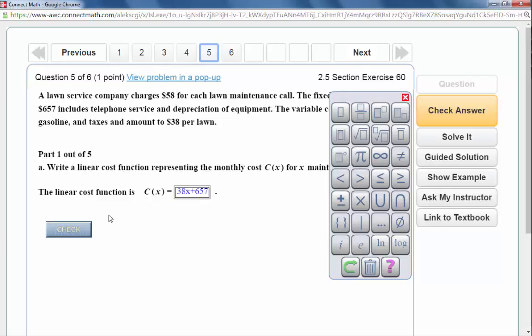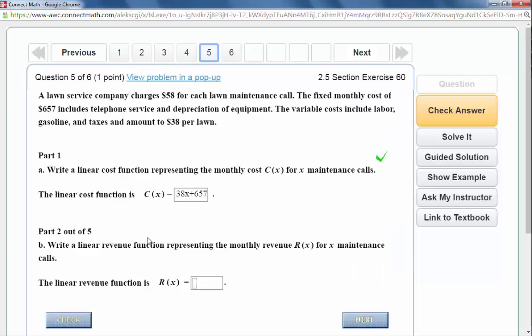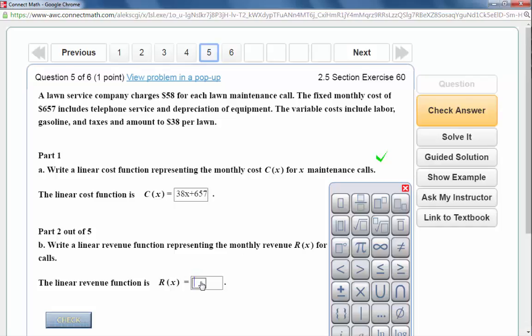Alright, this is done. There are 4 more parts. Next, we are going to compute revenue. If you answer X calls, service X many loans, how much money you make each month. You have answered X many, you service X many loans, and you charge $58 per each.